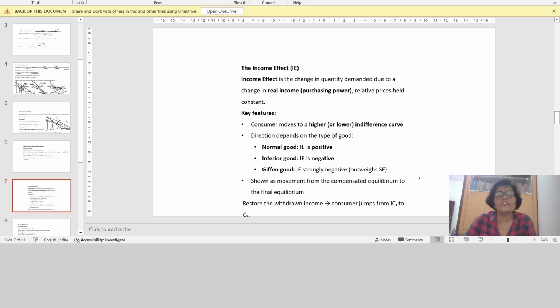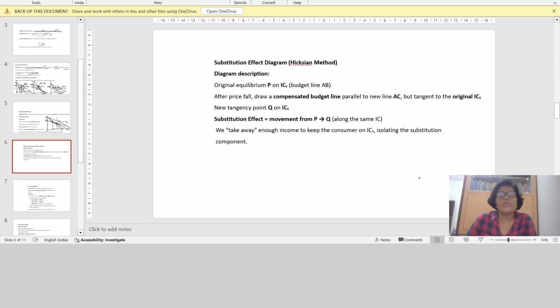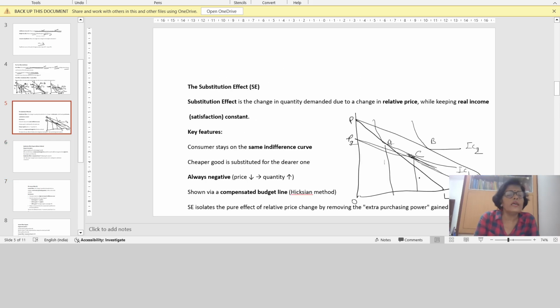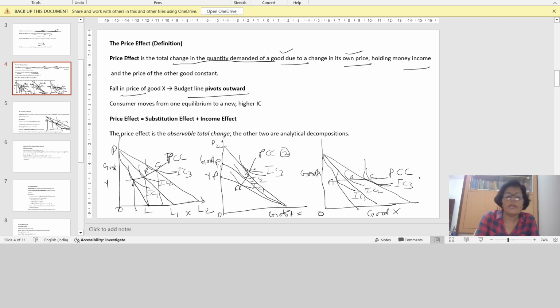That is, normal good if the income effect is positive, inferior good if it is negative, Giffen good if it is strongly negative. This I will teach you in another video in detail, but today I have taught you the price effect and substitution effect.